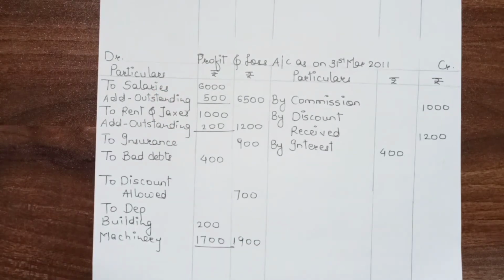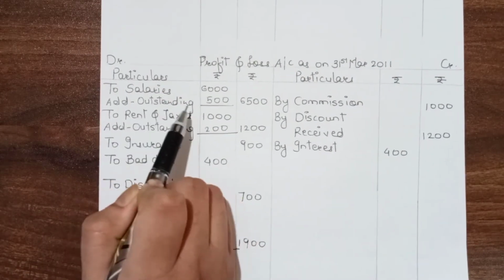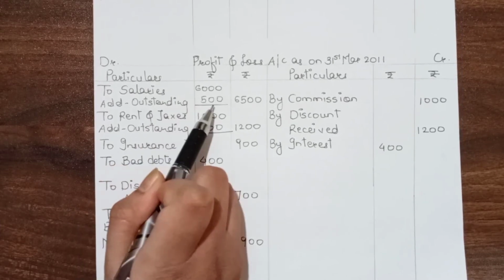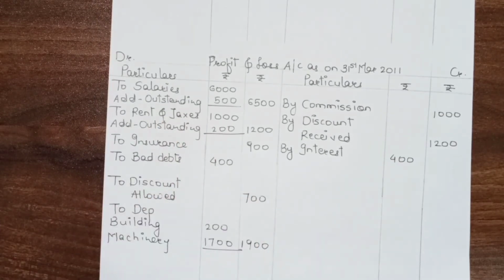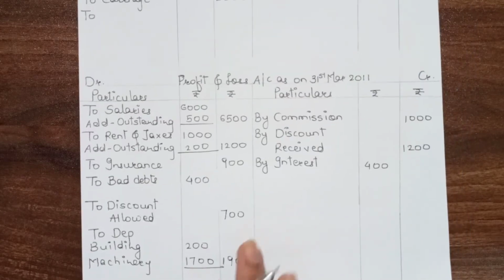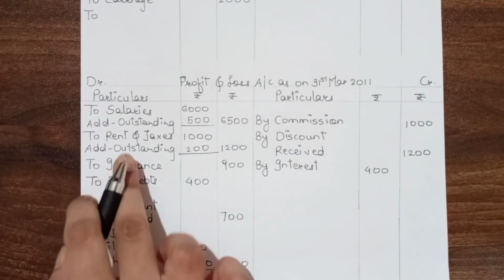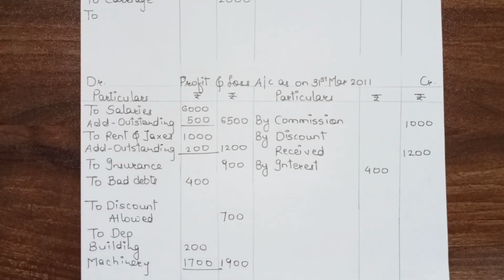That means this is our expense. Salaries, we are giving it to our employees. That is why some of the amount, that is 500, is outstanding to some employees. So this is our expense. We haven't paid this amount to the employees, or we haven't paid the rent, where we are owing some property, or Mrs. Catherine is owing something and she hasn't paid the rent of 200, but she is going to pay it.